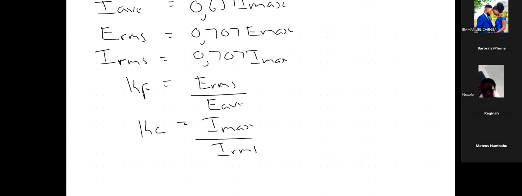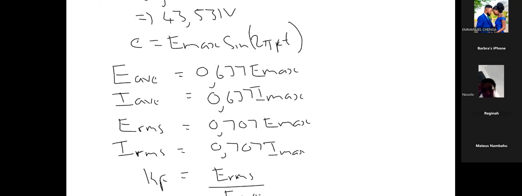Okay, so there are two ways that you can find your RMS. Remember, I showed you how you can calculate the average values or the root mean square values. So there's another way also, which they call the sinusoidal way. Okay, let me just also write it down.